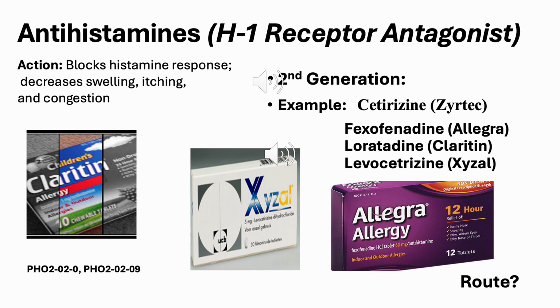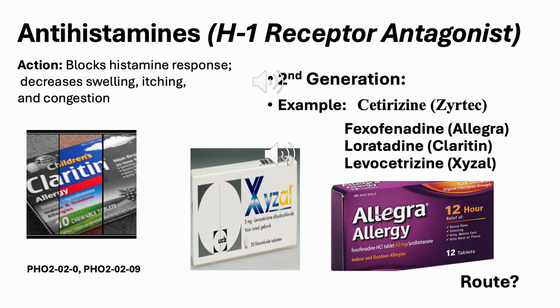Antihistamines, H1 receptor antagonists, block histamine response by decreasing swelling, itching, and congestion. They decrease inflammation within the mucous membranes, drying up the secretions that create that nasal drip. The second generation drug examples are cetirizine, known as Zyrtec.